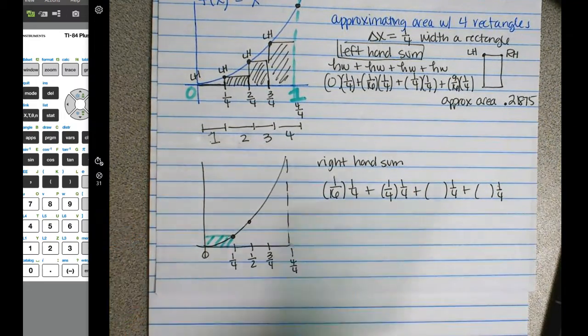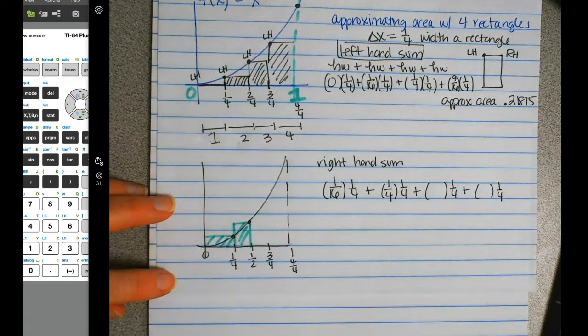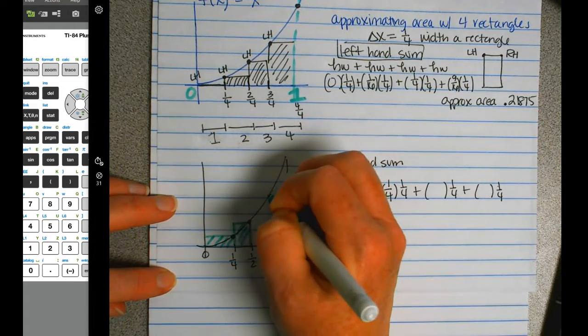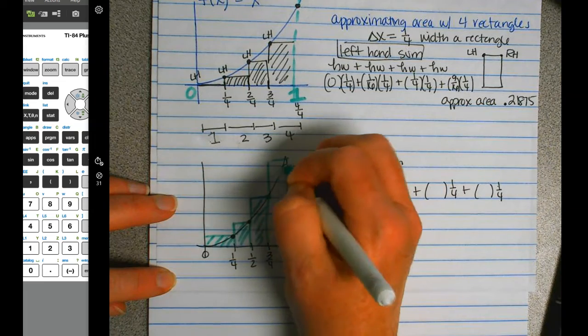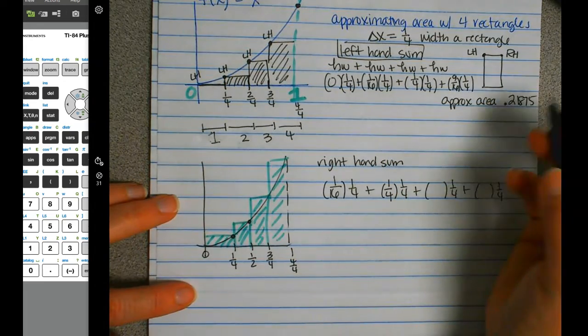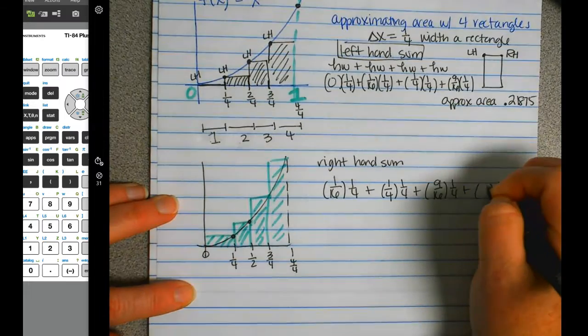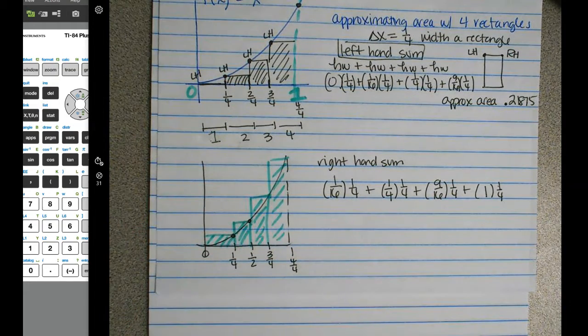And then I draw that one in, and it's up here. And then I have this guy. So I've got 9/16 and 1. 1 squared is 1.